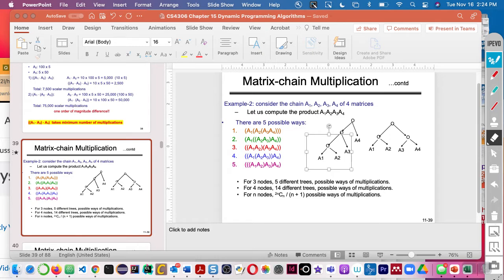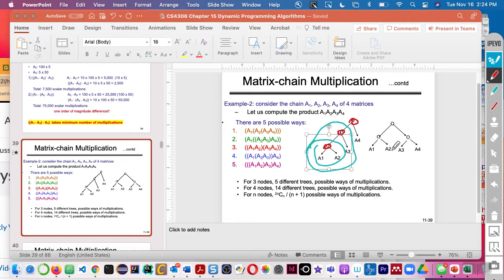A1 and A2 can be multiplied, the result can be multiplied with A3, and the total result can be multiplied with A4. Then how many nodes are we getting? 1, 2, 3. If we draw a tree, 3 nodes, right? We can also go another way.